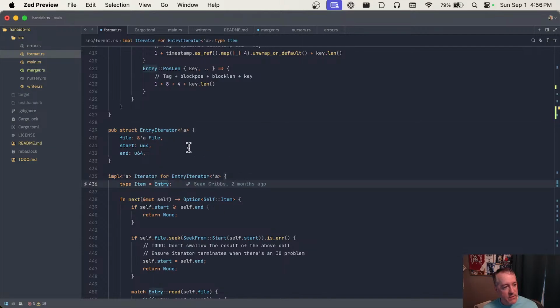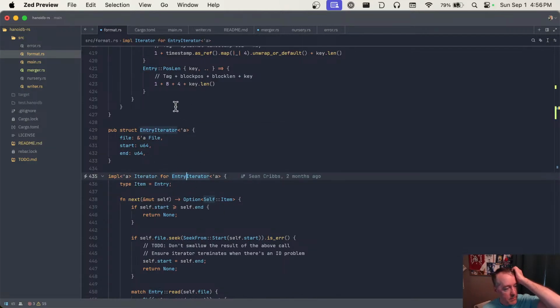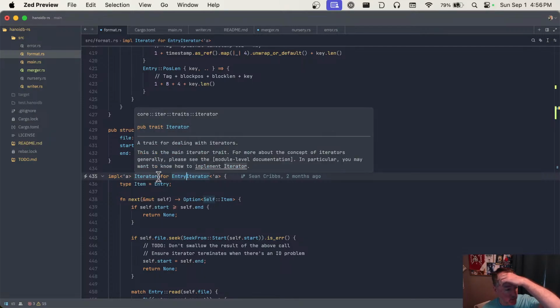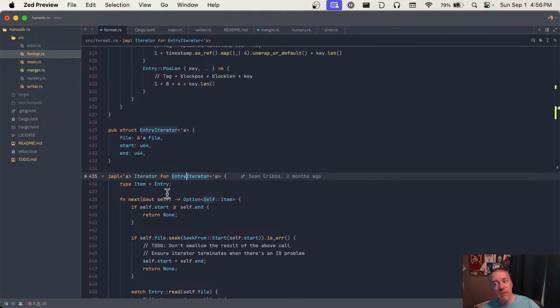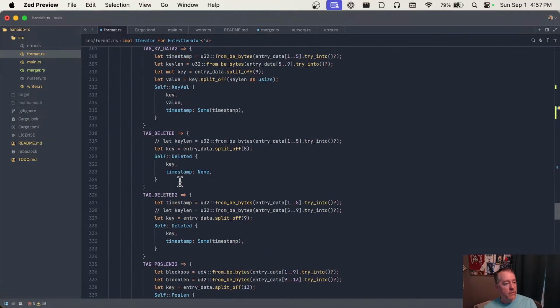Right, so this returns entry, and basically we're going to be taking from these entry iterators, but we're not always going to be returning them, because if we get a poslin entry, that tells us we need to be getting the block that represents that and push it onto the end of our stack, and so forth.